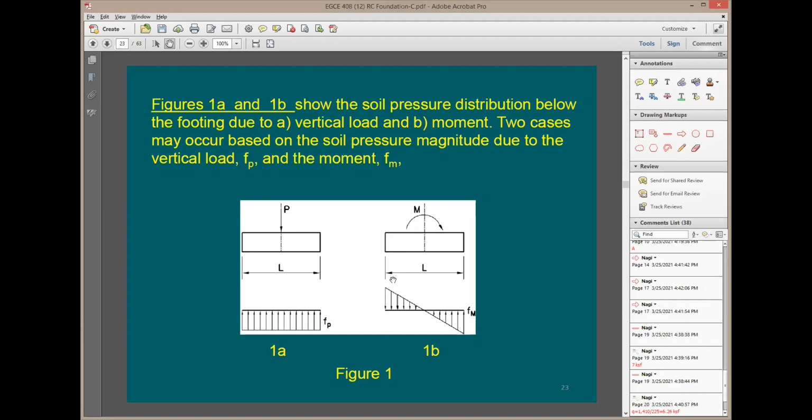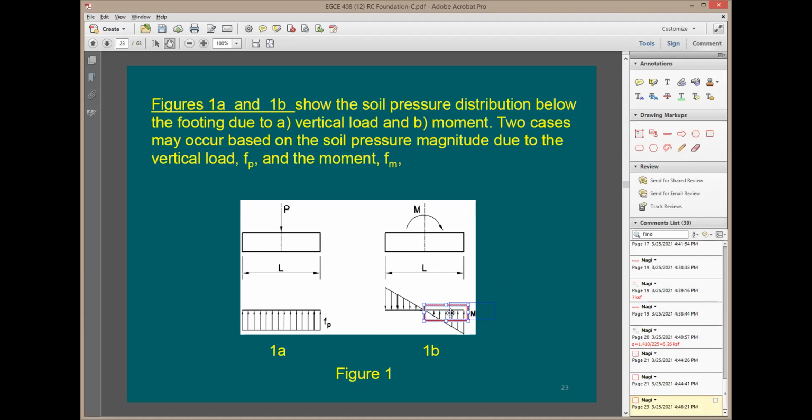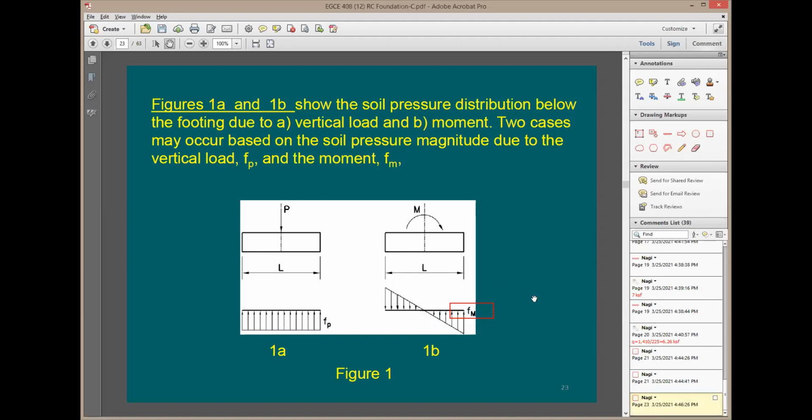Only moment, no footing is going to be able to help you out, right? Because guess what's going to happen? The foot is going to be lifting, and the contact area between the footing and the soil is going to be only this. And if you take this and do another analysis for it, it's going to be much smaller. And you'll find out that no footing is able to support only moment. You need to have an axial component.